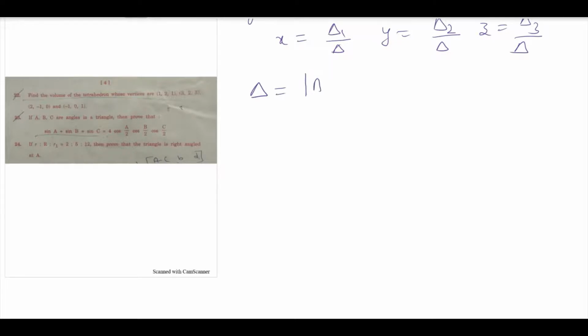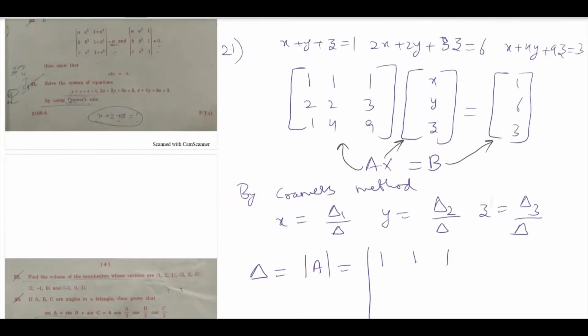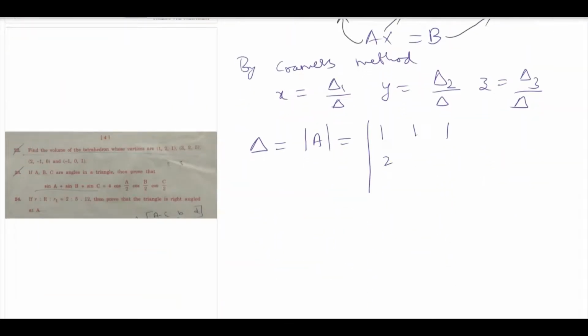Delta is the determinant of matrix A, which is 1 1 1, 2 2 3 and 1 4 9.